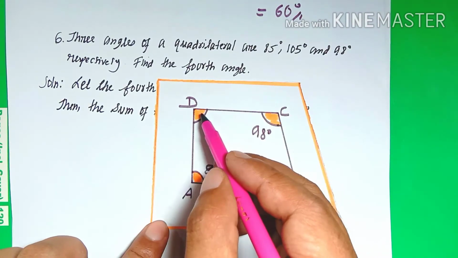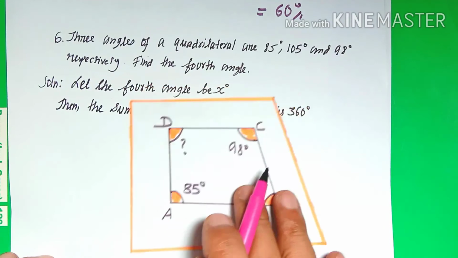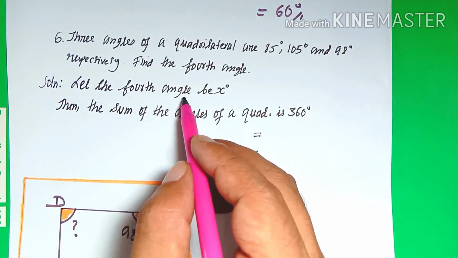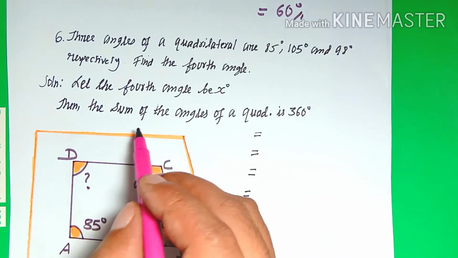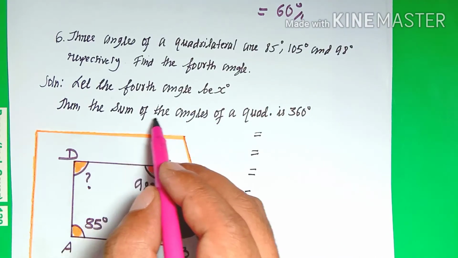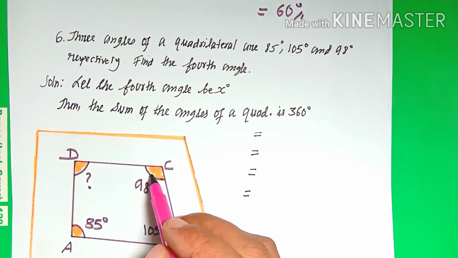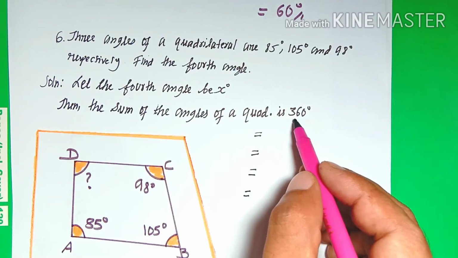Since the fourth angle is missing, let the fourth angle be X. Then we know that the sum of all the interior angles of the quadrilateral is equal to 360 degrees.